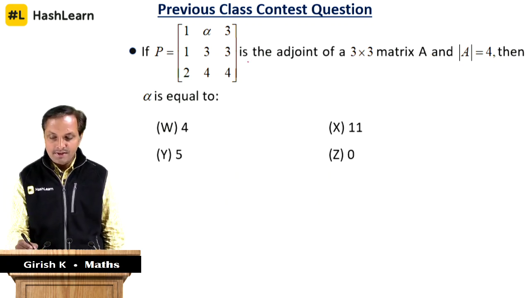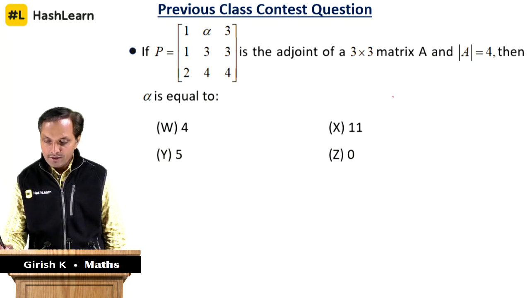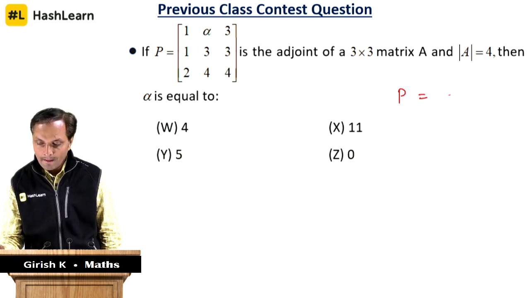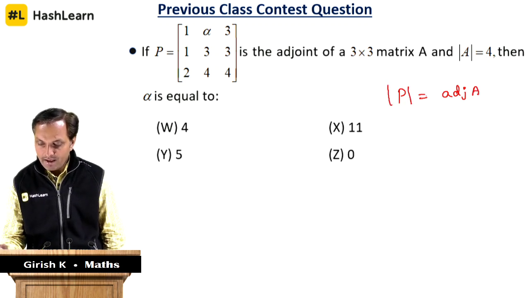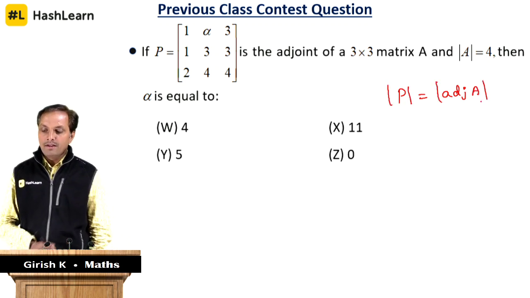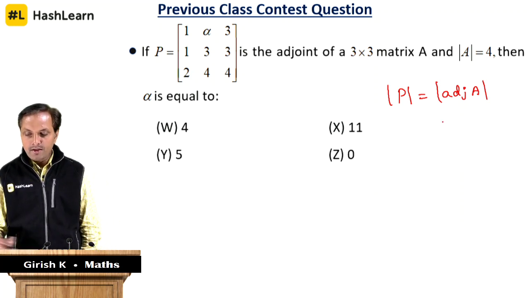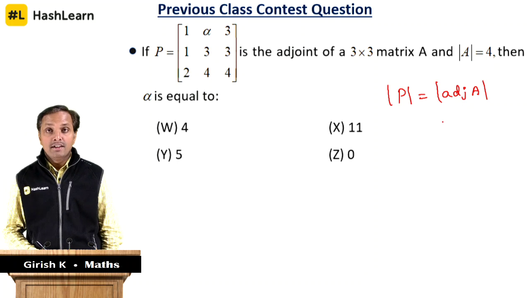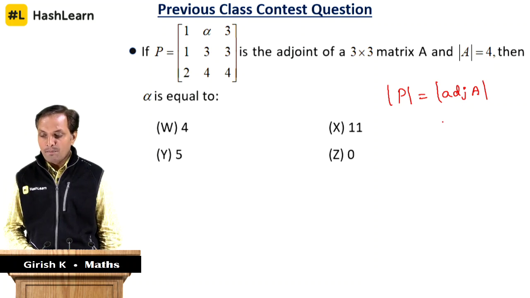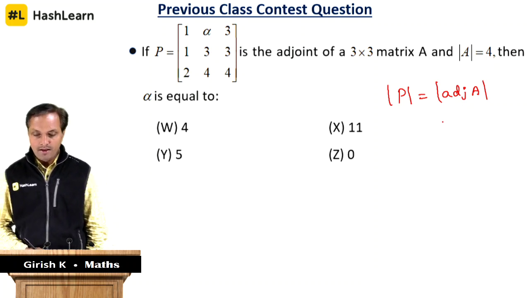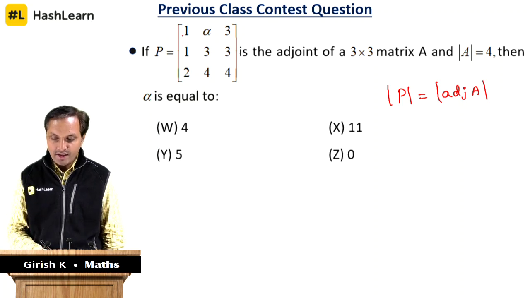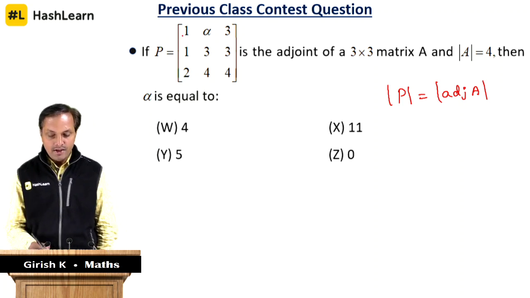So P is adjoint A. So what is determinant of P? It is determinant of adjoint A. So you know that determinant of adjoint A is determinant of A whole power n minus 1. Okay, let us find what is determinant first. So what is determinant of P here?